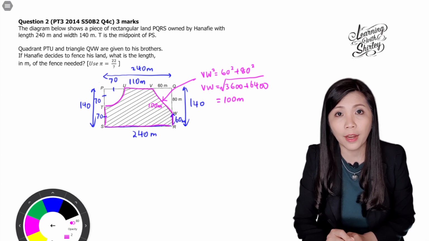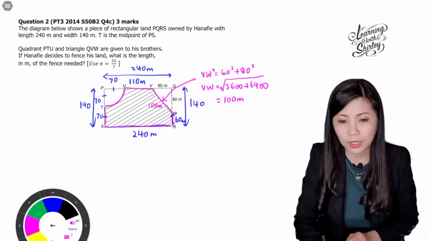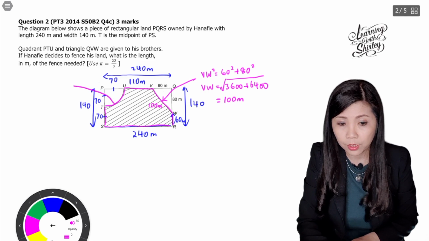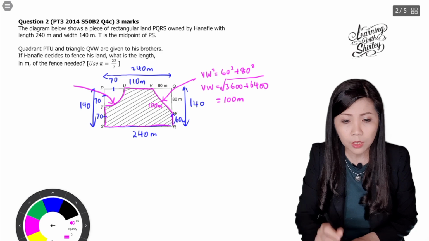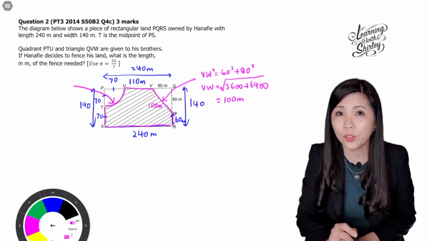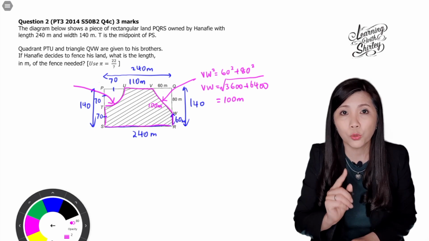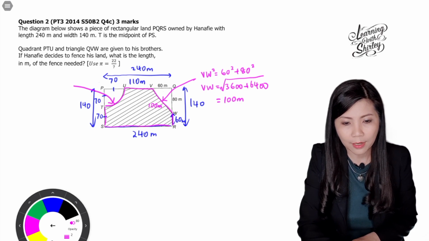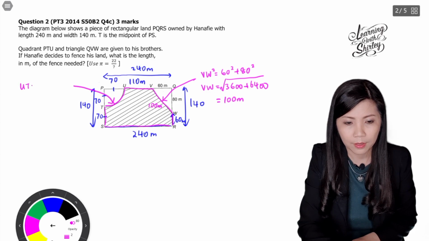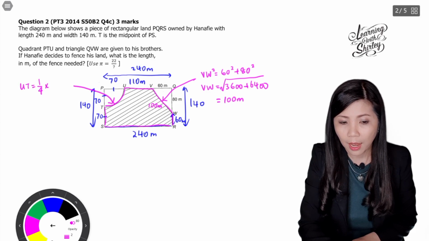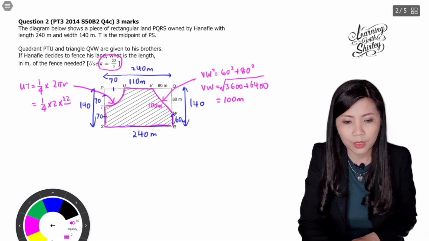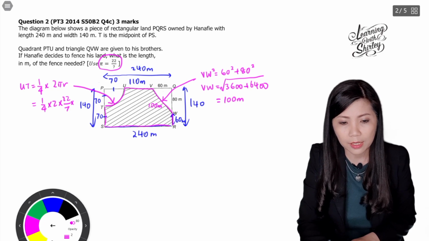Next we need to find the length of arc UT. So this is a quadrant. A quadrant is 90 over 360 times 2 pi r, or I can also use 1 over 4 times 2 pi r. So it's going to be 1 over 4 times 2 times 22 over 7, because it says use pi equals 22 over 7, and the radius is 70.